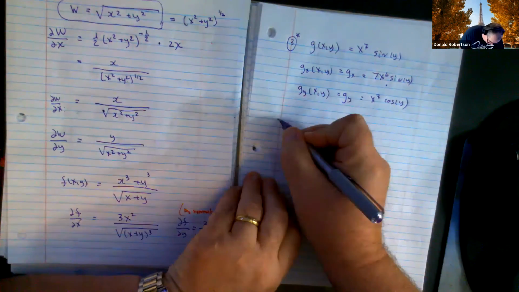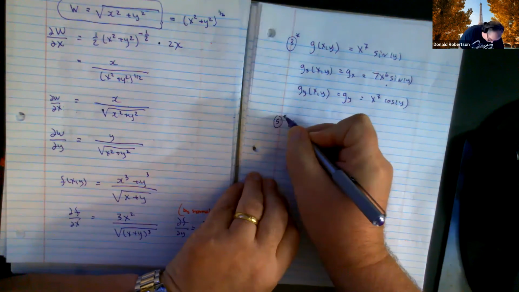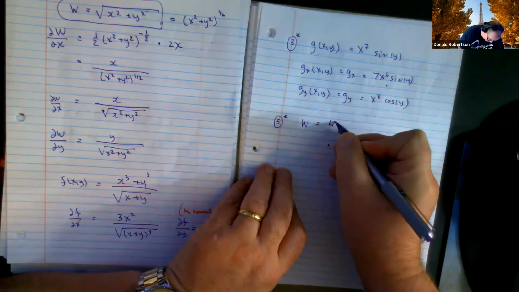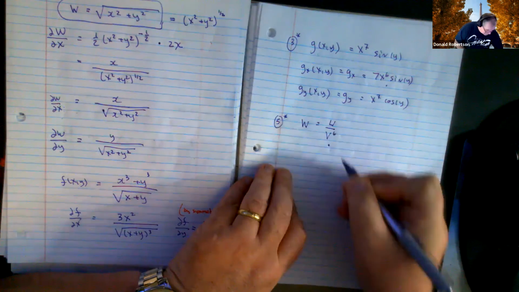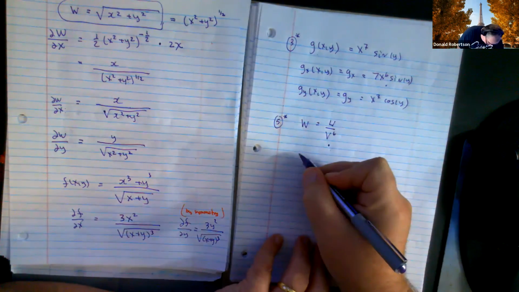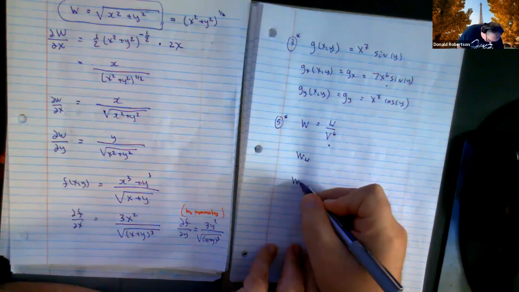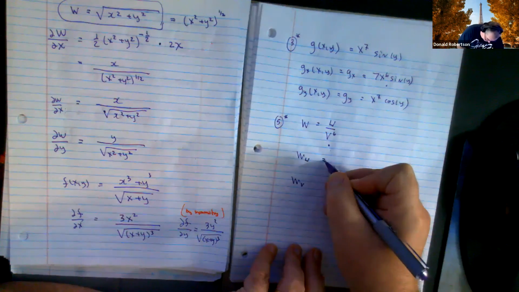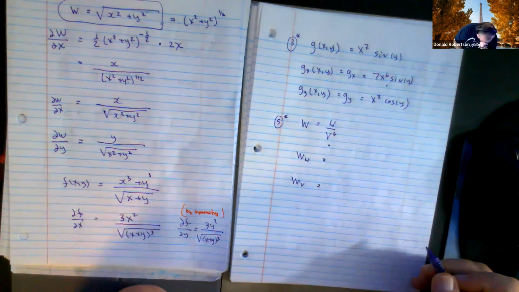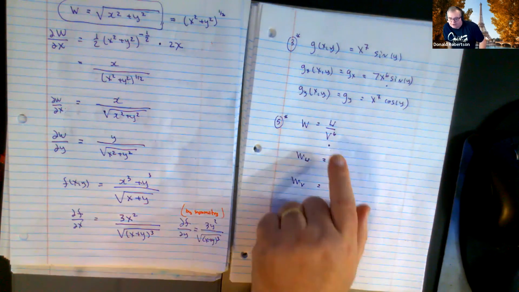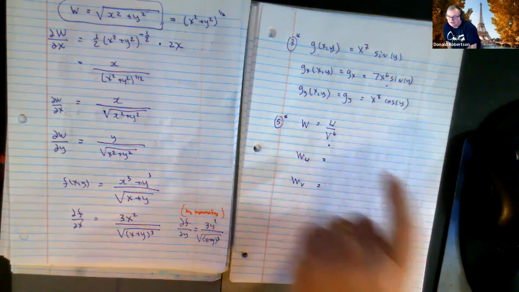Okay, this is question 5. And we're being asked to find this guy and this guy. Okay. What is the derivative of this fraction with respect to u?